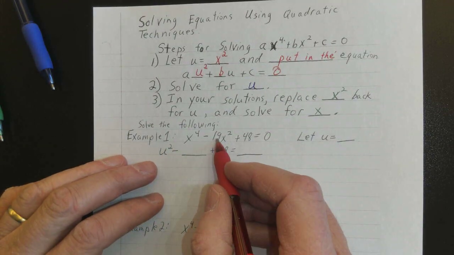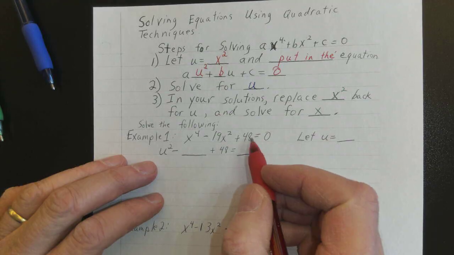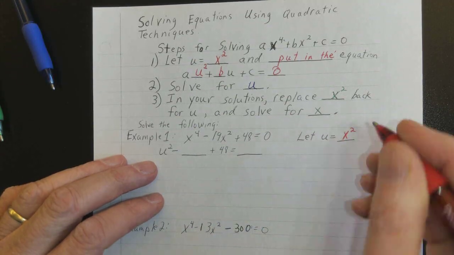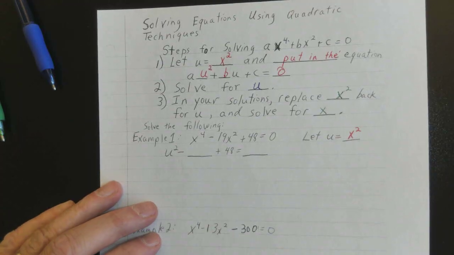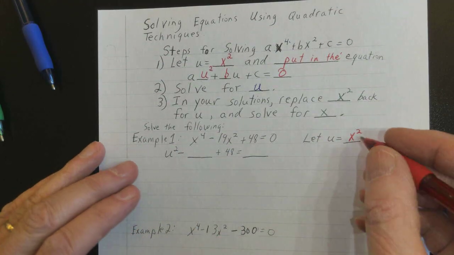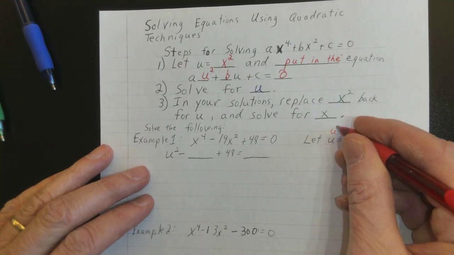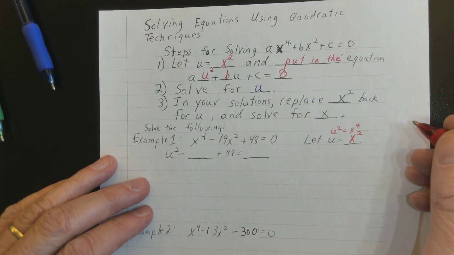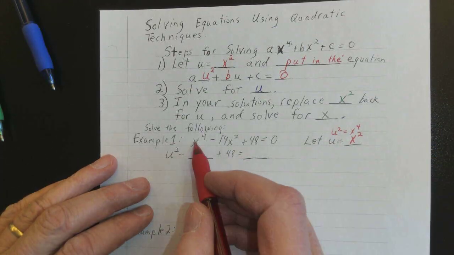All right. So first, example 1. X to the fourth minus 19x squared plus 48 equals 0. We're going to let u equal x squared. Now, if u is x squared, that means u squared is x to the fourth. Everybody good with that?